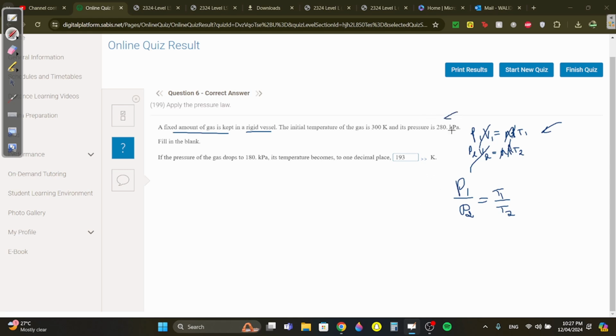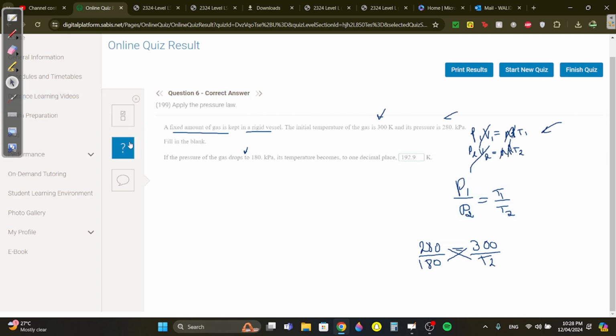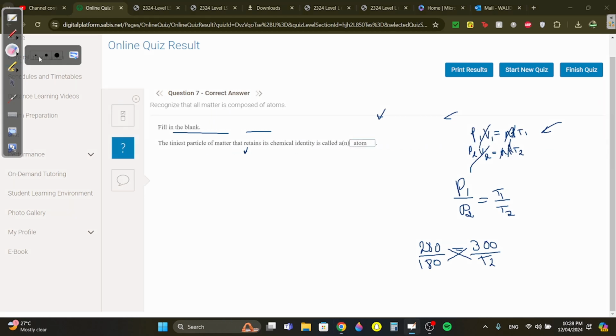So pressure 1 is 280, pressure 2 is 180, temperature 1 is 300 (remember, temperature always has to be in Kelvin), over T2. You cross multiply, and you get 192.85, and if you round that to one decimal place, I got 192.9. I think that's what I put. Yeah, 192.9. I don't know why they're saying one decimal place. Anyway, question 7.